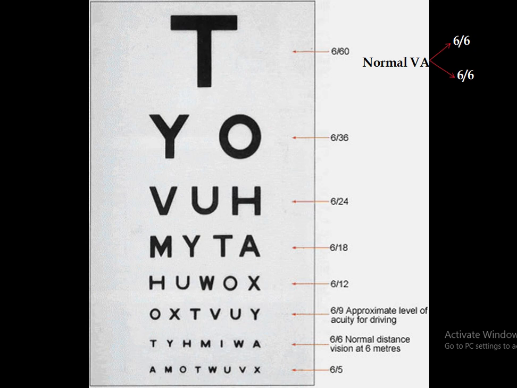In that case, you will place a mirror in front of the patient, and you will place the Snellen's chart at the same distance as the patient from the mirror, that is 3 meter.